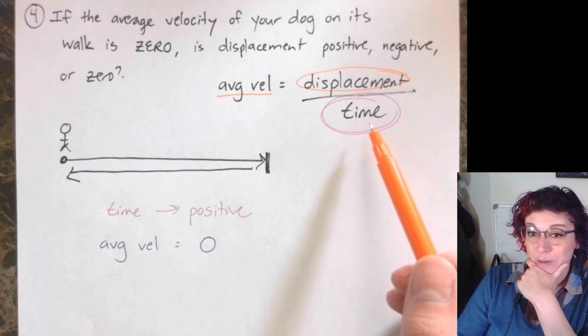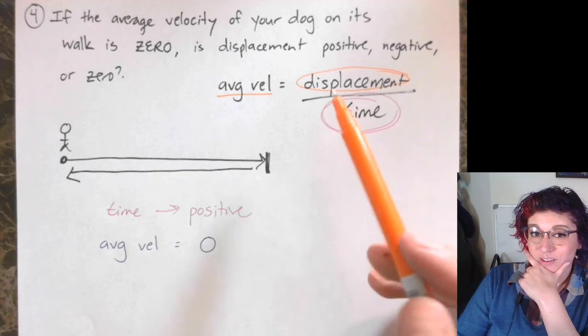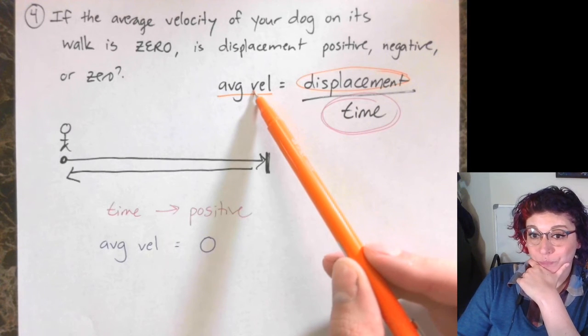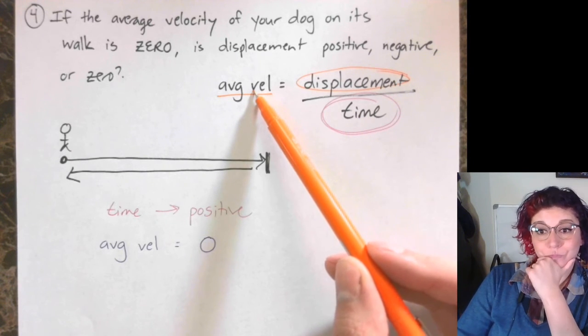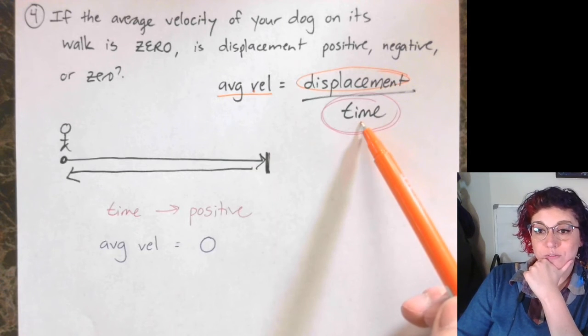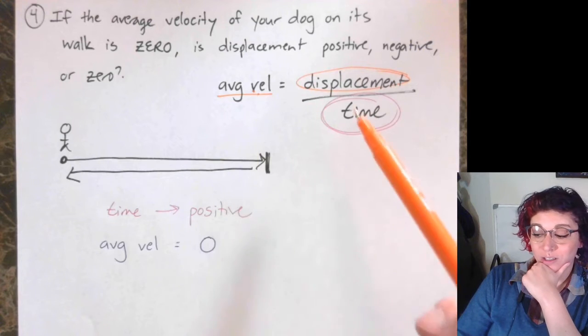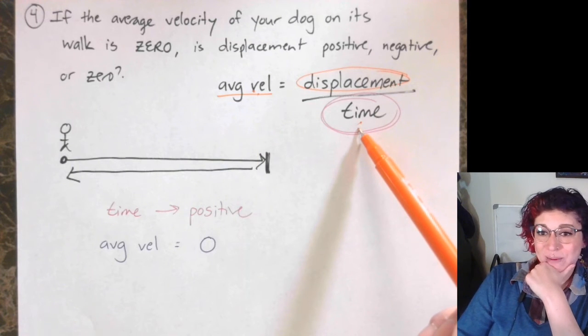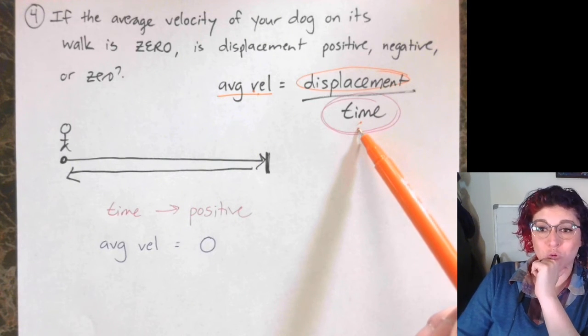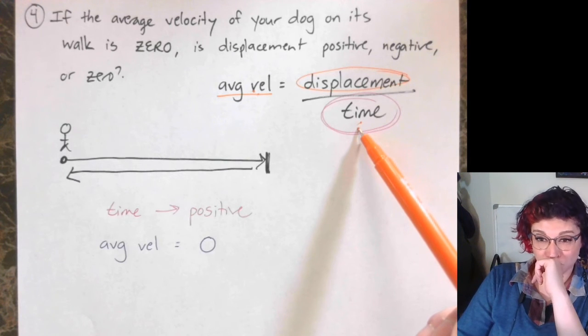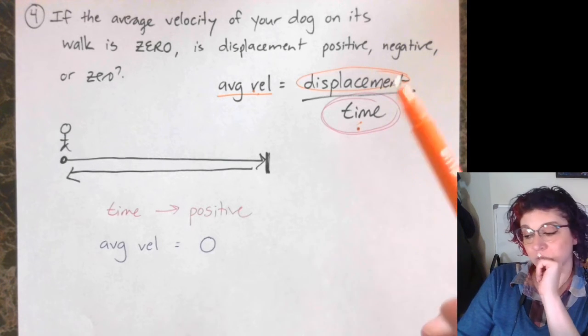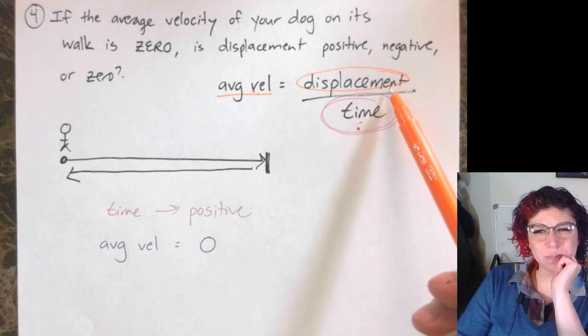Time being a positive number cannot get us 0 average velocity. This is a positive number, and our end result is 0. So time doesn't really play a big role in thinking through this. We know it's positive. What about displacement?